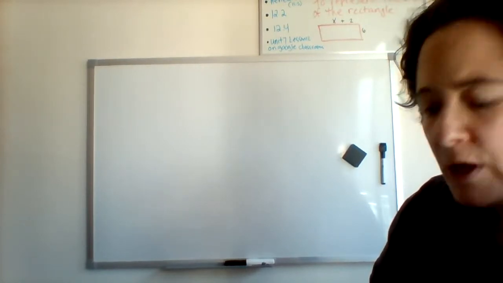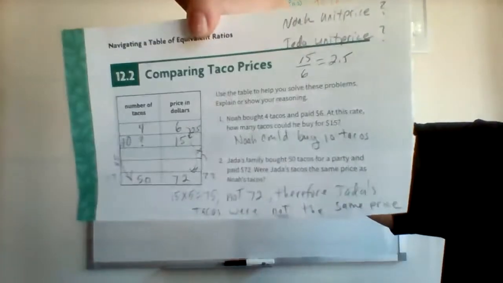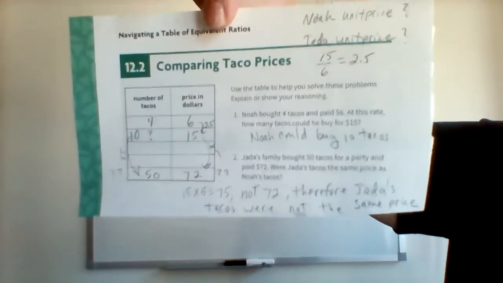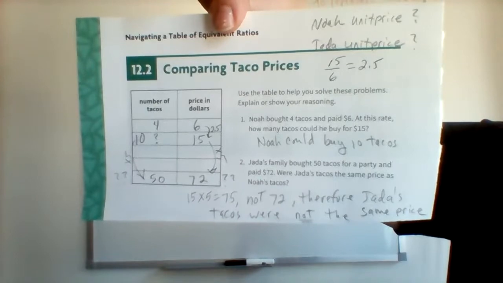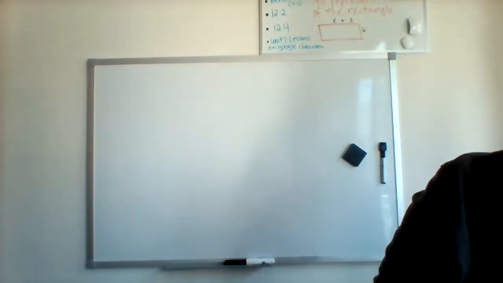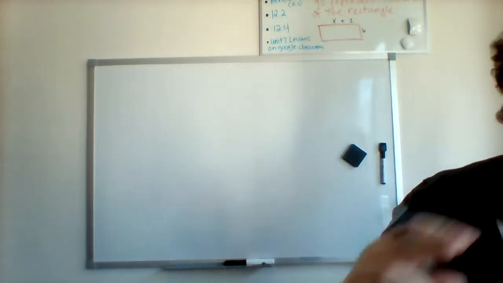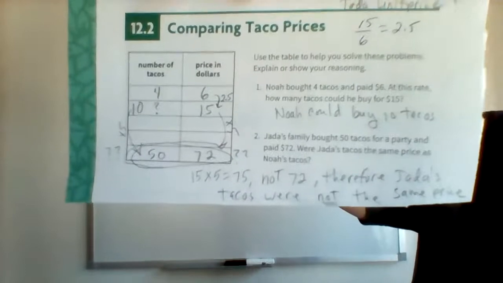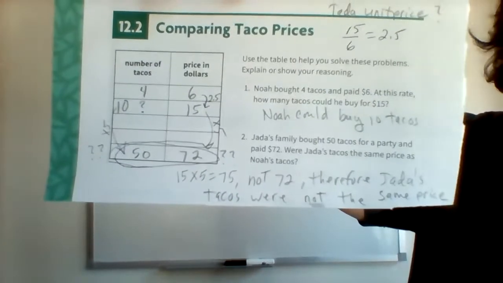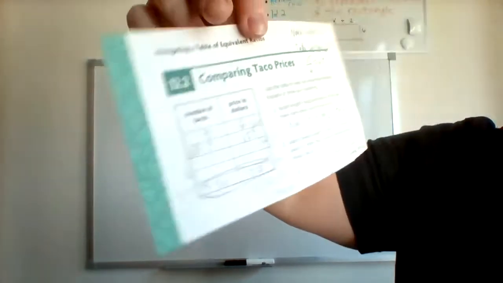Let's do that. In the table, since I have 2 blanks, let's get a unit rate. I want you to ignore the last one because my last row answers number 2 and it's Jada. Okay, it's not Noah. But right underneath the 10 and the 15, let's get a unit rate.